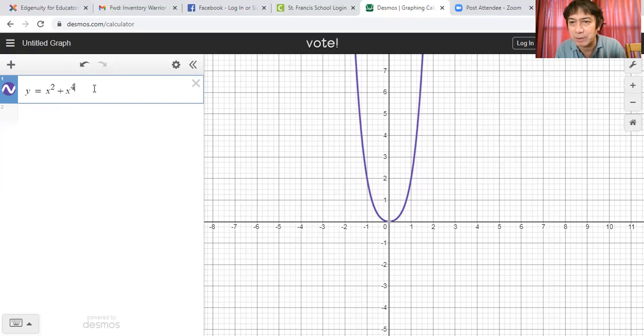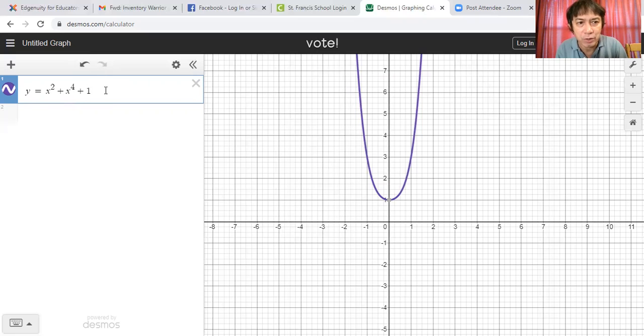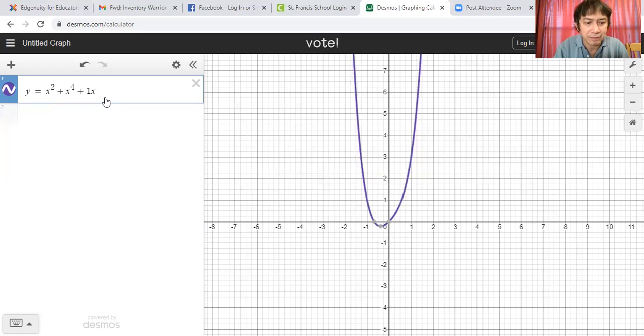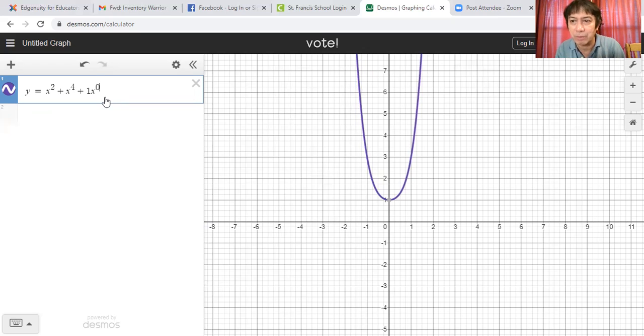If we add any constant number there, say 1, this is considered x to the 0, that is 1 times x to the 0. So it will not change the graph. It will still be symmetric with the y-axis. A constant is considered x to the 0, and that's considered an even function.